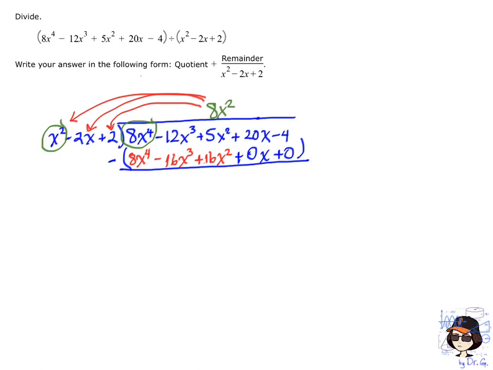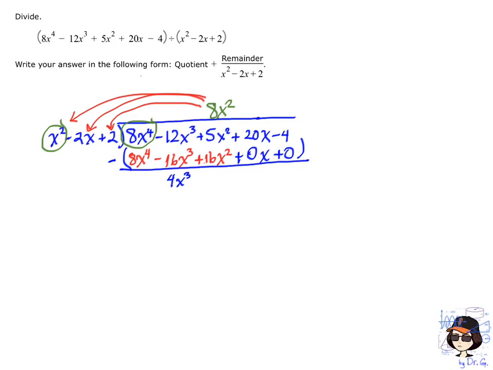So just looking at the coefficients, I have negative 12 minus negative 16. So minus a negative means adding a positive. So it's really negative 12 plus 16. And that gives me a positive 4. So that's going to be a positive 4x to the third.